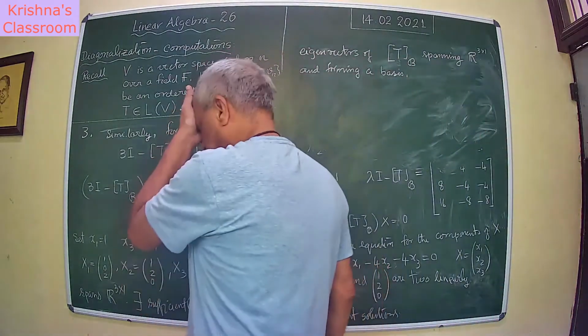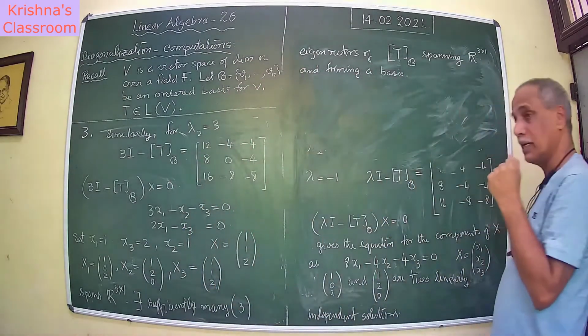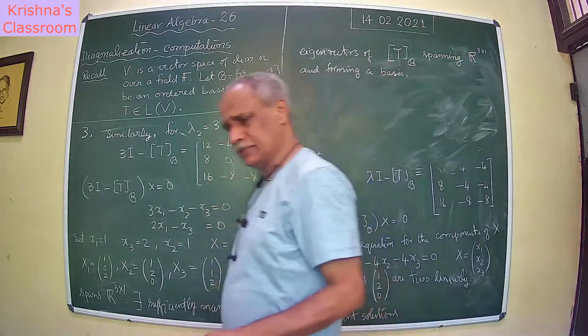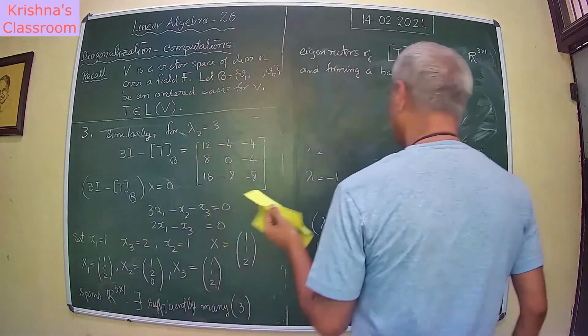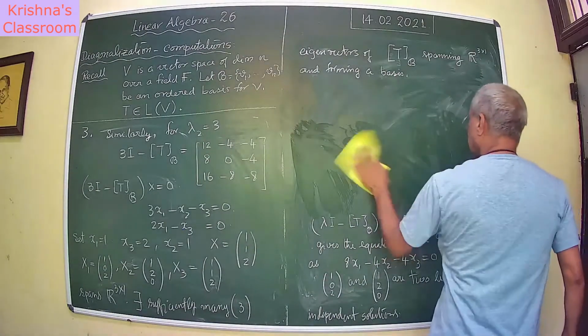These eigenvectors belonging to two different eigenvalues are linearly independent. That's an observation that we make. We will investigate this and we will prove such things later.